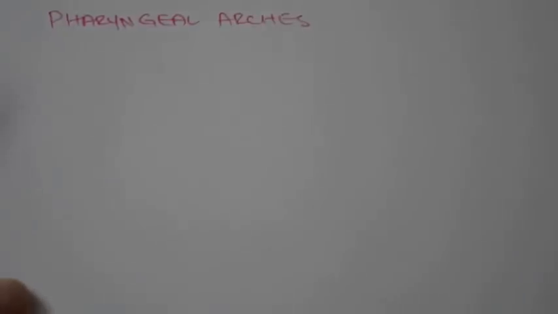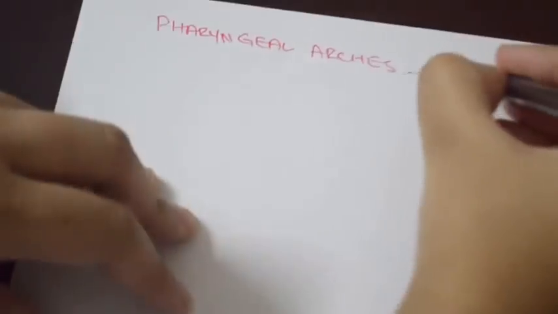So now we're starting the pharyngeal arches. The derivatives of pharyngeal arches are very important. Discussing it, the first point that we should know is that the pharyngeal arches are 6 in number, as we discussed before.